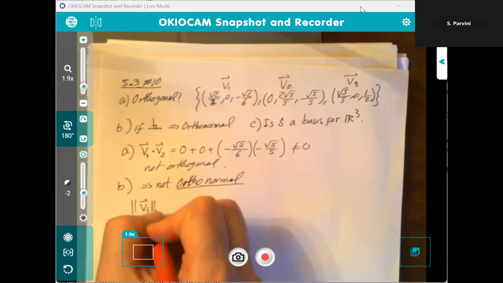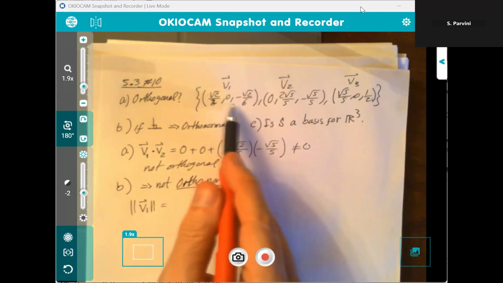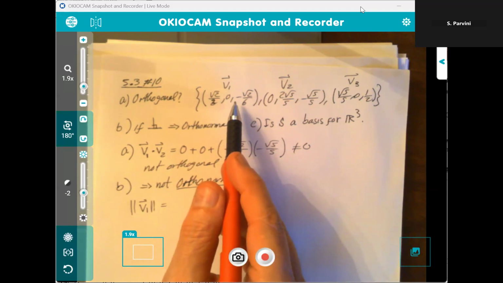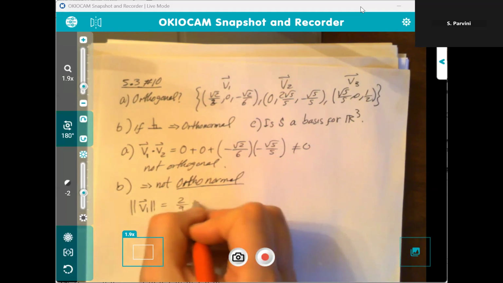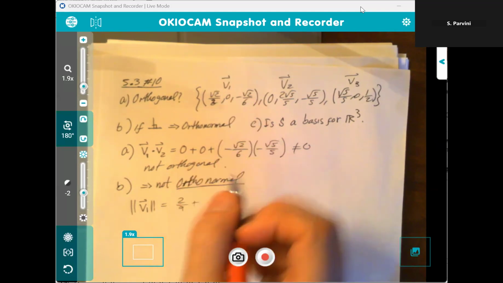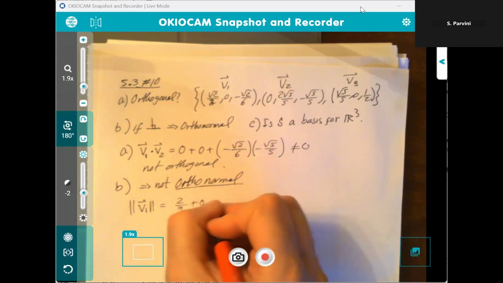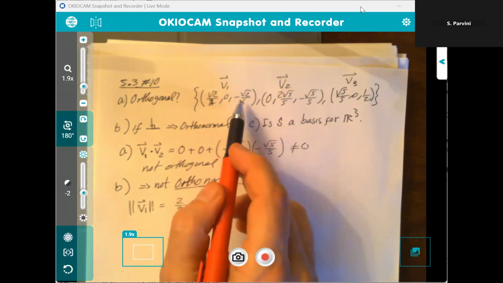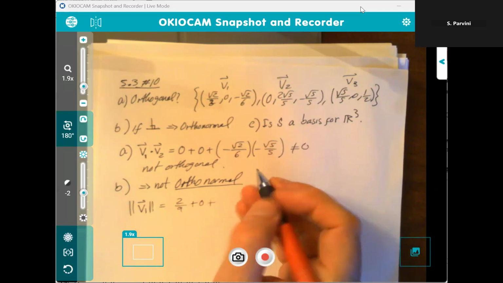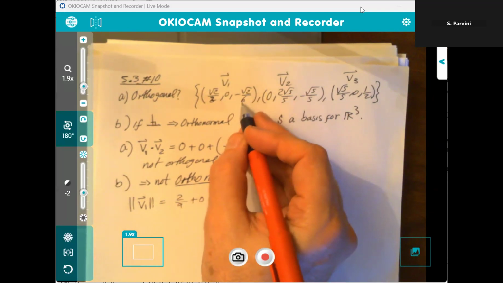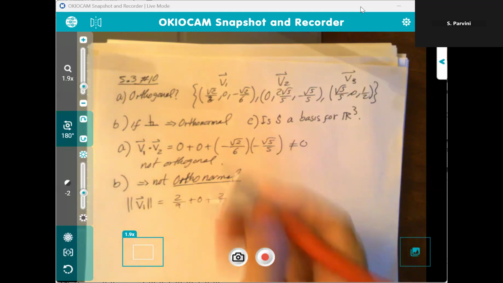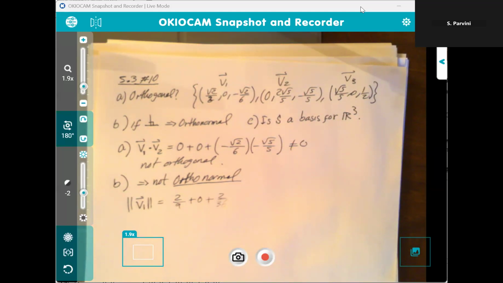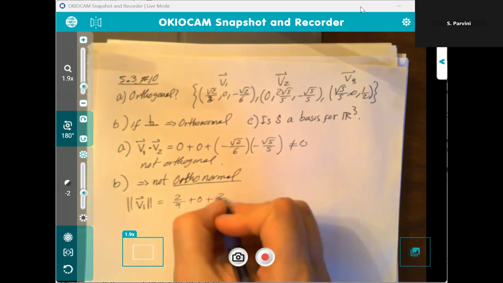Look at the magnitude of V1, for example, this vector. Remember, to do the magnitude, you square the first component. We get 2/9 plus the second component, 0 squared, is 0. And the third one is negative root 2 squared, which is going to be 2/36. My pen just ran out of ink, so I'm just going to use another pen. Sorry about that.